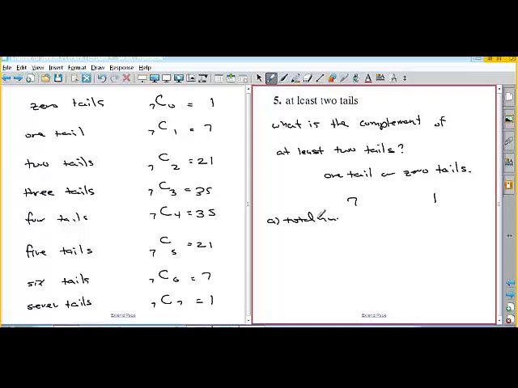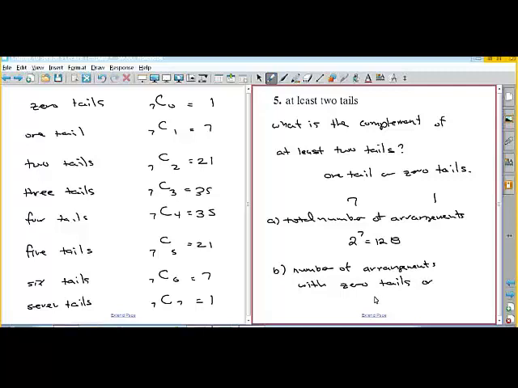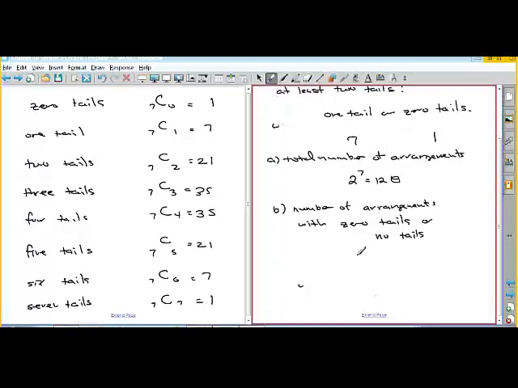again, what we do is we look at the total number of arrangements, which is 2 to the 7th power, which is 128. And the second thing we do is the number of arrangements with 0 tails or no tails.